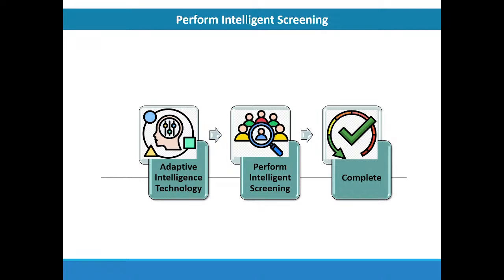The adaptive intelligence model uses information such as applicant, candidate, employee, and job requisition data from Oracle Recruiting Cloud. The adaptive intelligence tool filters and matches the best fit candidates, and a list of top recommended candidates is provided to the recruiter to directly match the candidate to the requisition.